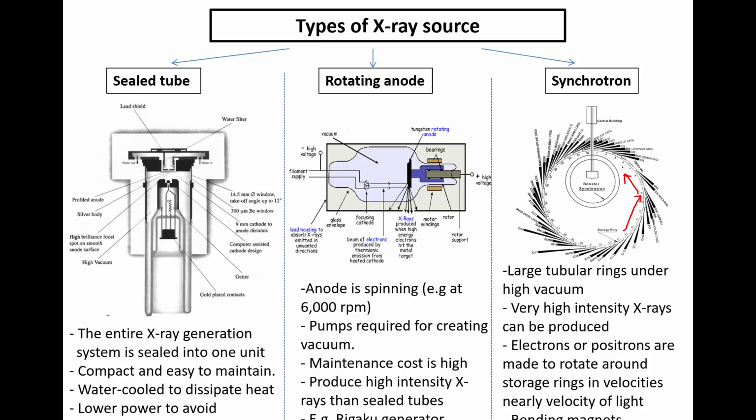So to keep this circular motion intact, you have different magnets which will deflect these electrons at that angle so that they will always be moving inside this tunnel in a circle and circle. But always the electron will try to hit this wall.